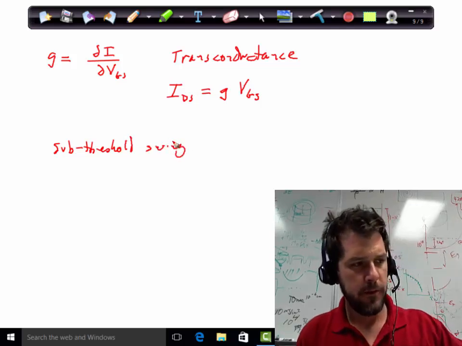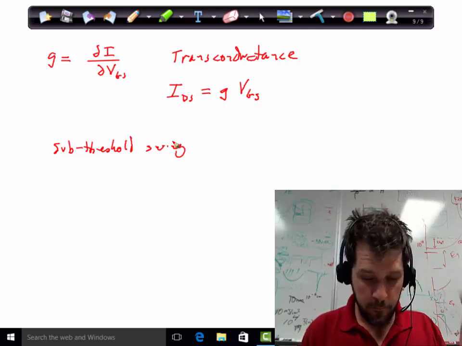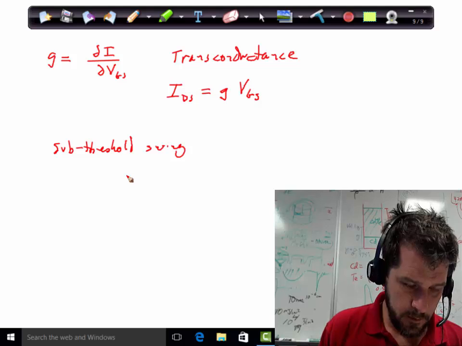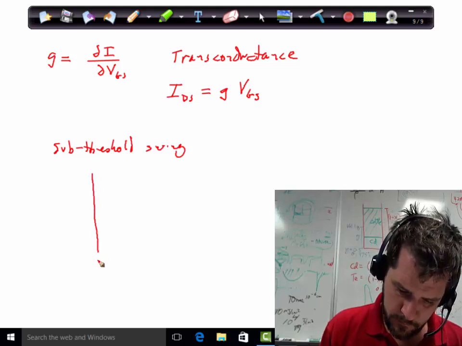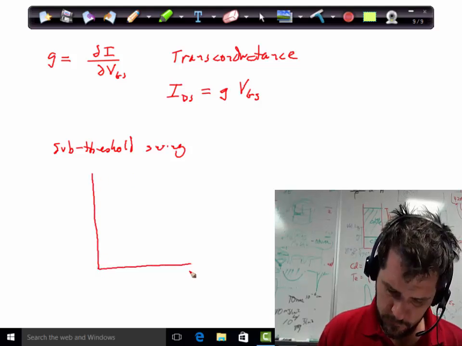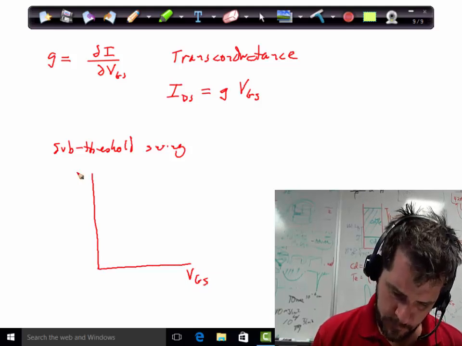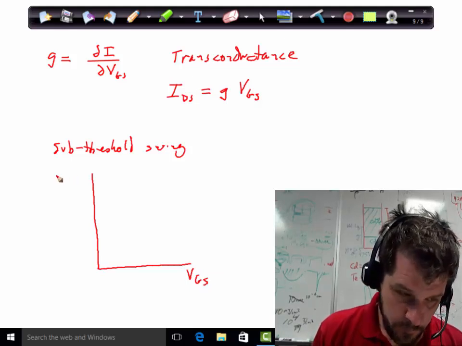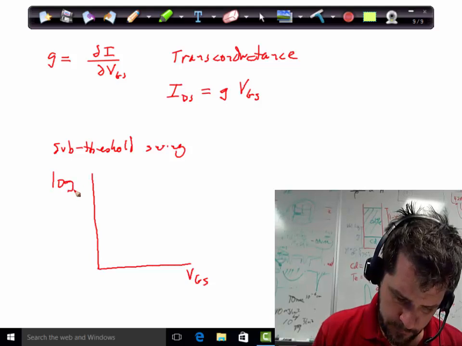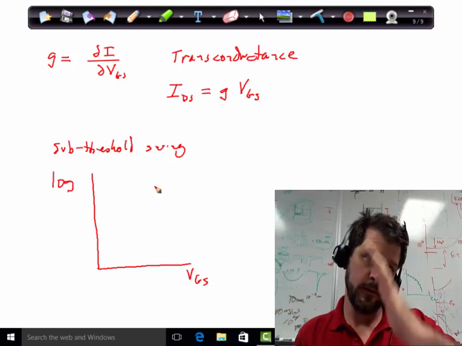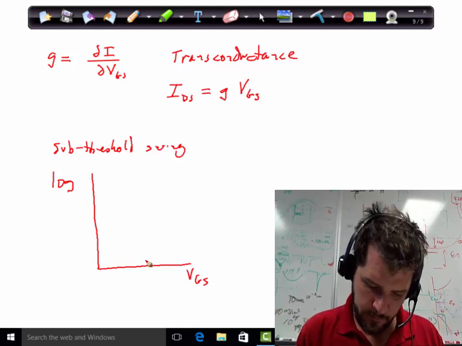So we started to at least mention this previously, but what you do is plot log of current versus V gate source. You plot on a log scale. Previously we plotted on a linear scale, and it took an extrapolation to find V threshold.